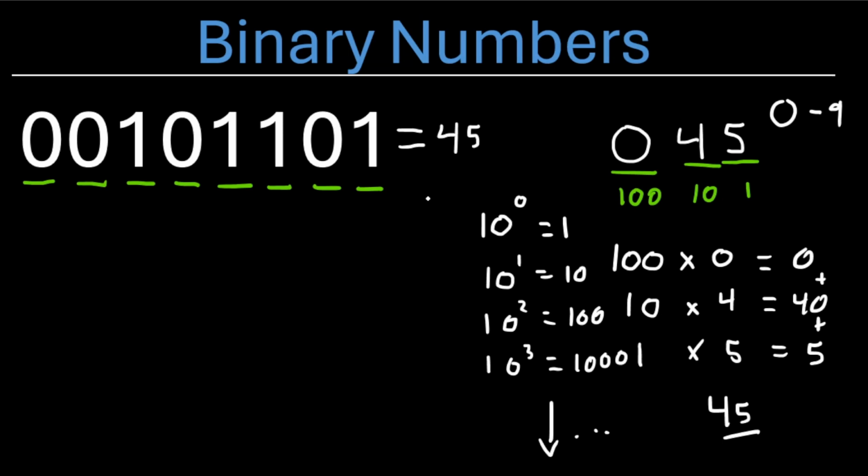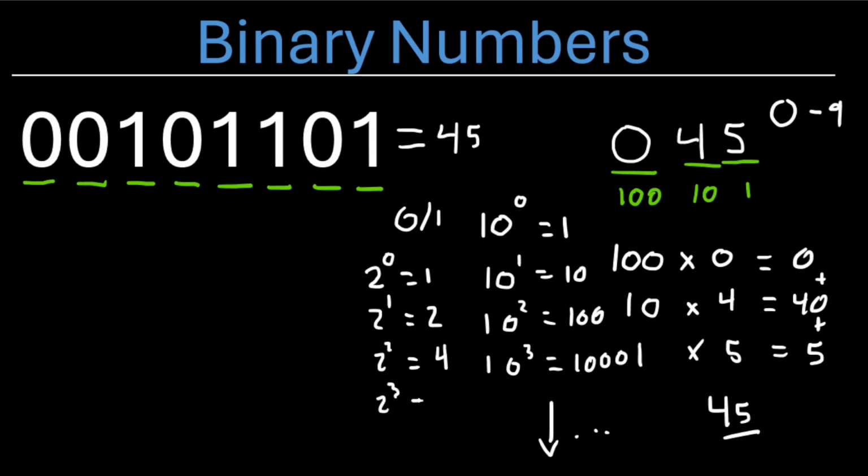Now, for binary, again, it's only zeros and ones, right? So for each binary digit, there's only 2 possible combinations instead of 10. Same principle holds, the rightmost position being our 0th. Take 2 to the 0, you get 1. Move left 1, 2 to the 1 gives us 2. Move over again, 2 to the second gives us 4.